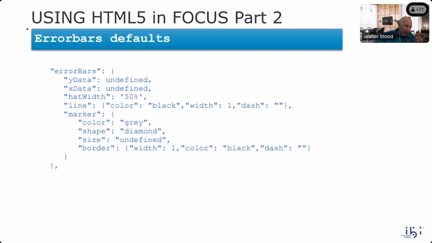The color is going to be black, 1 pixel wide, and in a dash format. The marker is going to be a diamond if I have it. The default is gray with a diamond, and its size is not defined, so you'd have to define that, or we'll pick that up from some other place. All right, those are the defaults for this.